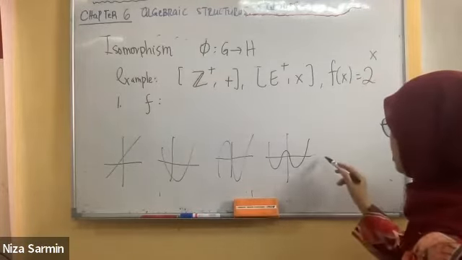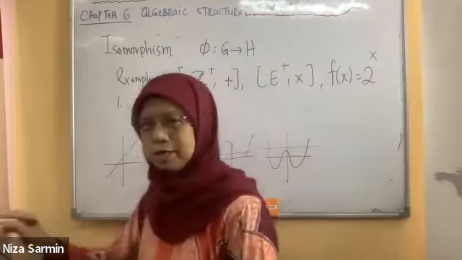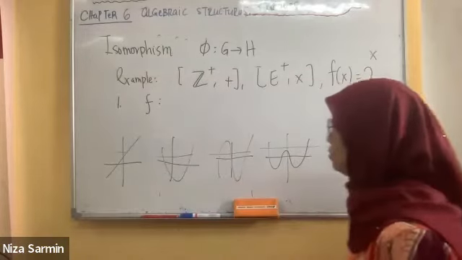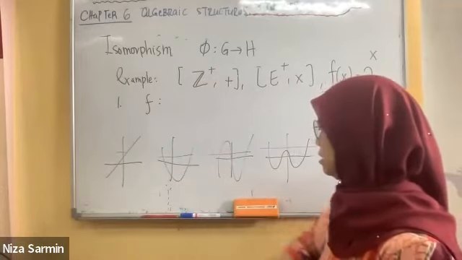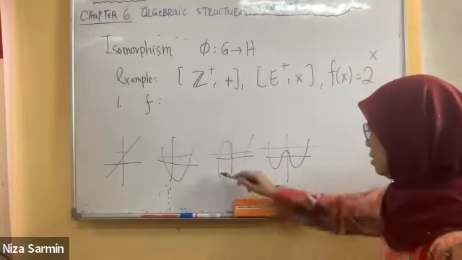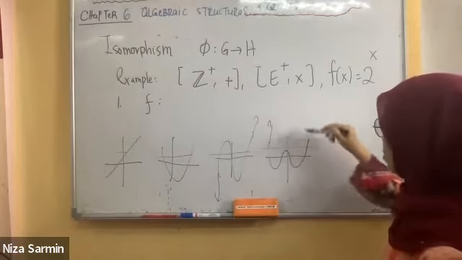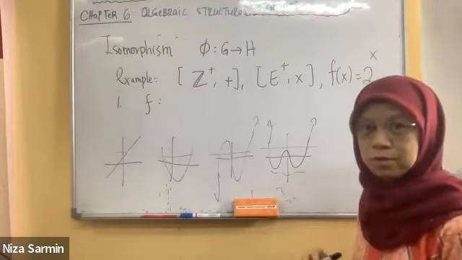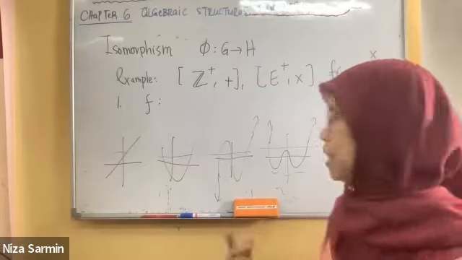Because this is not 1-to-1, not 1-to-1, not 1-to-1. It's 1-to-1, right? This is onto. This is not onto because the Y underneath is not mapped to. This is onto because it covers everything. This is not onto because it doesn't cover down there. So remember how you do 1-to-1 and onto also from graph.